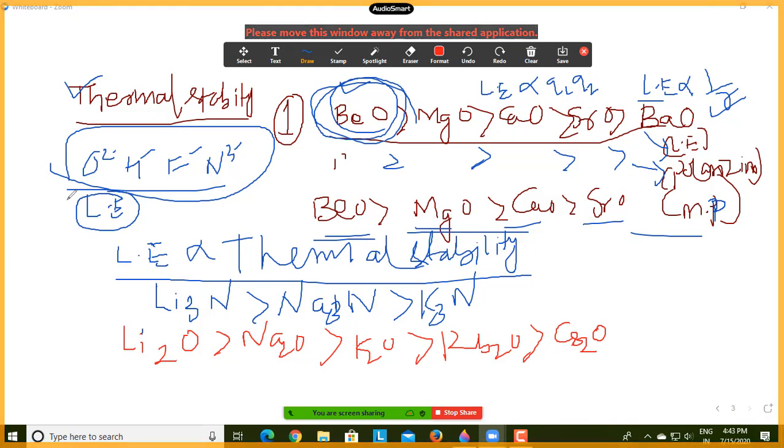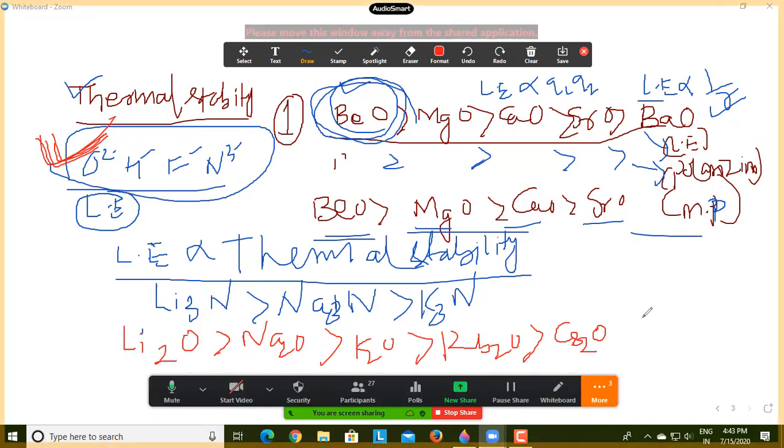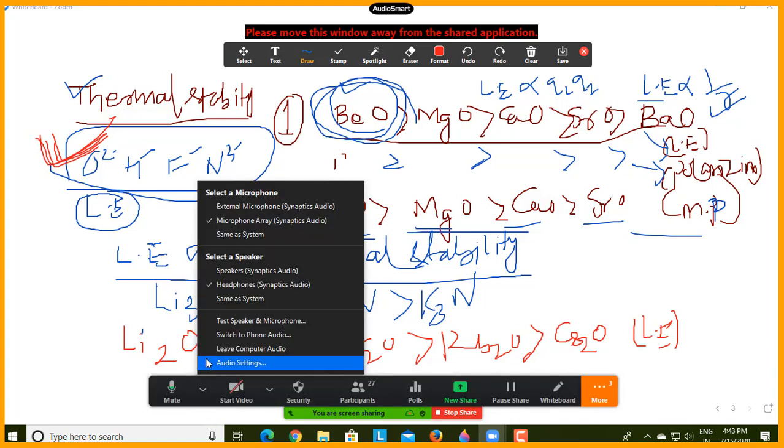Okay, so in these anions your lattice energy order will be the order of thermal stability and also melting point. You know that lattice energy is directly proportional to thermal stability. More the lattice energy, more thermal stable.